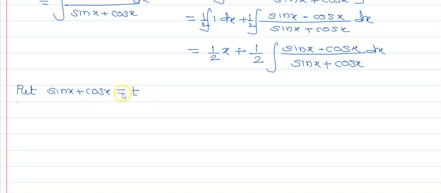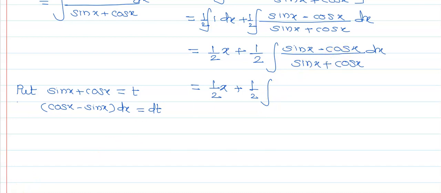Then what's its derivative? Cos x minus sin x bracket complete into dx is equals to dt, and therefore this integral can be written as 1 upon 2 into 1 upon 2 integral of sin x minus cos x.